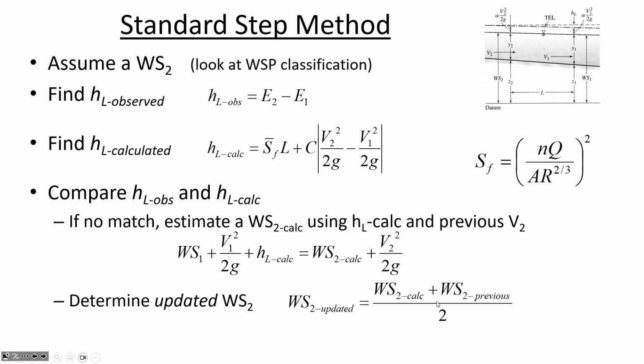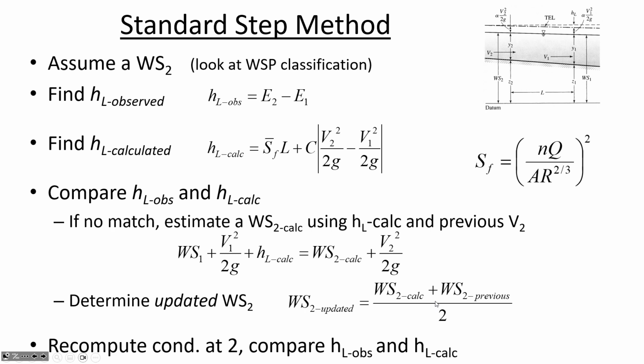Then we repeat this whole cycle by recomputing the observed and the calculated head loss, and we keep repeating that cycle until the observed and the calculated head loss converge. So this is the background rationale, or the background algorithm, that's applied within the spreadsheet.